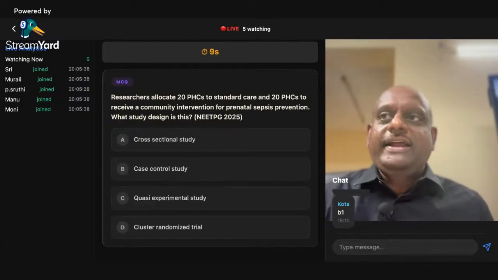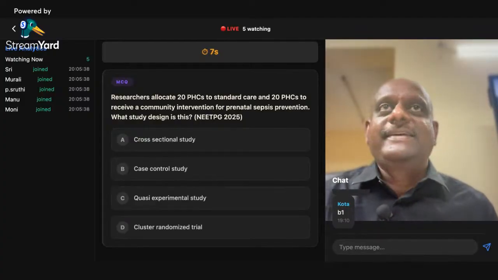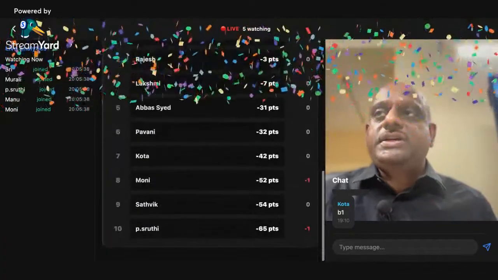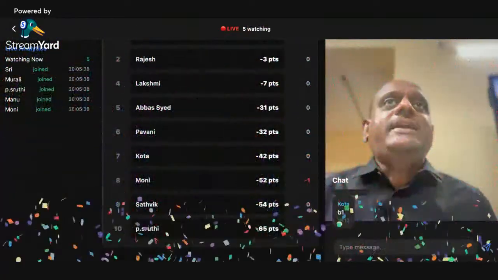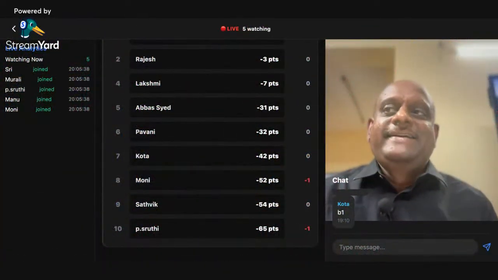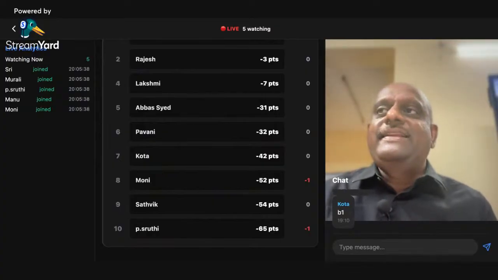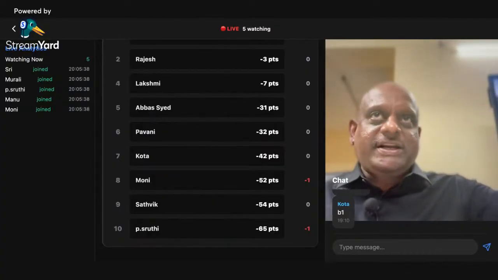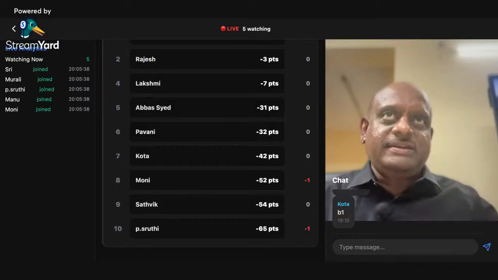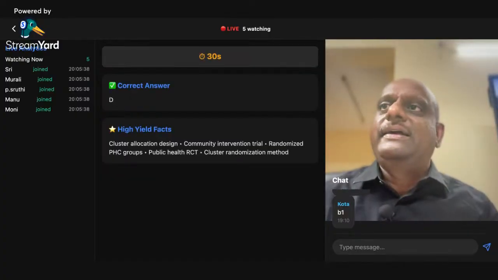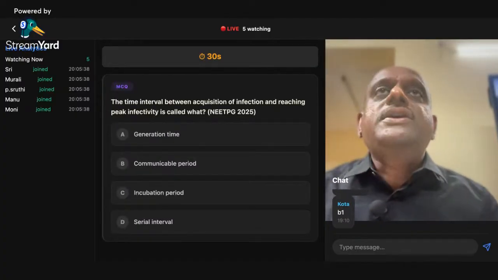What is that study called? So, doctor, it is called cluster randomized trial. Each 20 PHC is a cluster. You randomized it, right? So, cluster allocation design.